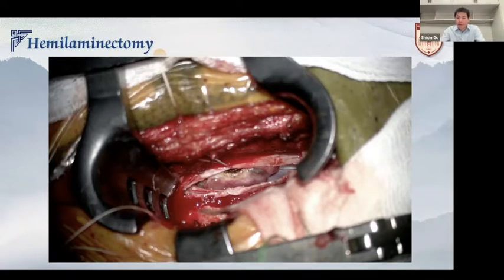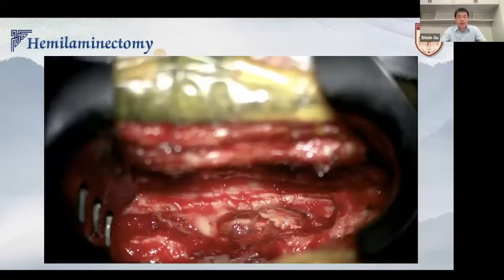The dura mater should be sutured in situ as much as possible. I recommend that you use barbed suture for continuous sutures, which won't come loose during the stitching process. This is a photo after the dura is sutured.